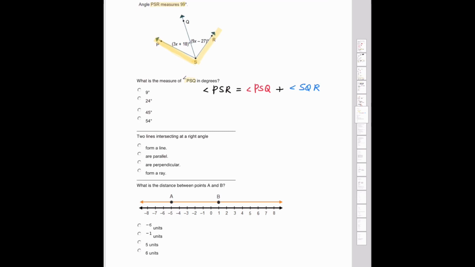So we are looking for the angle measure of PSQ, but we are given PSR. According to the angle addition postulate, we can add these two angles together in order to find the entirety of that angle, right? So let's see what we are given.